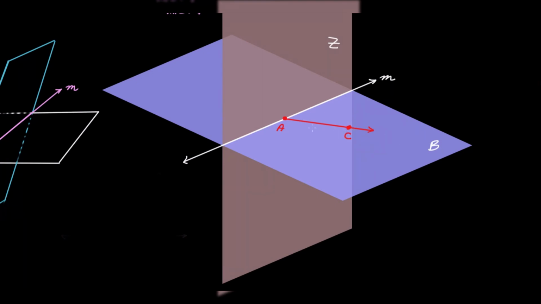Ray AC lies in plane B. So this particular ray is on plane B, kind of coming out like this. Now I can draw another ray on plane Z, straight up like this.